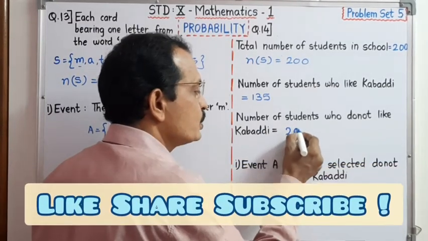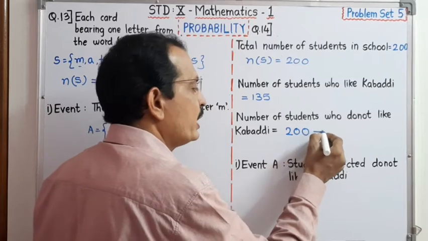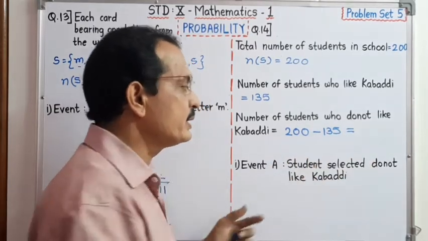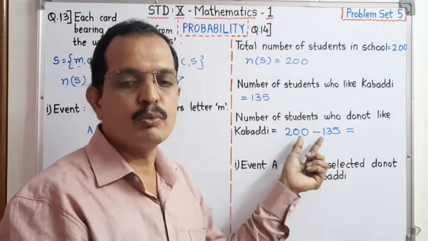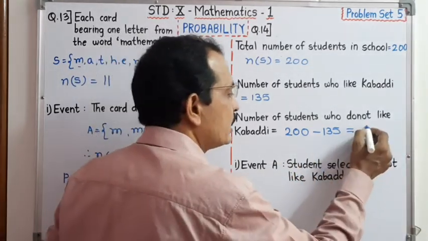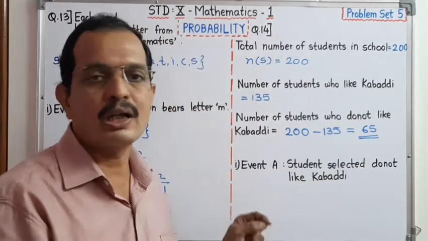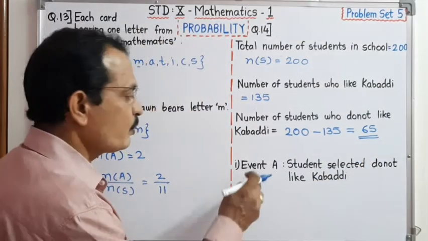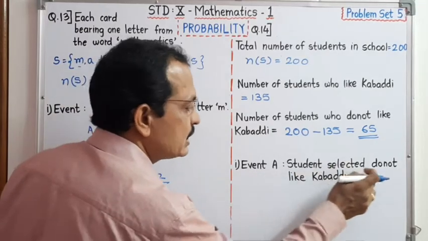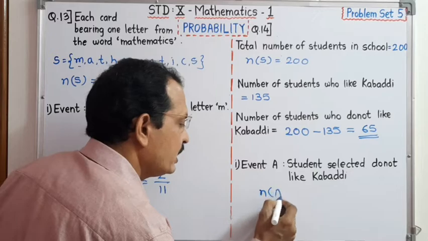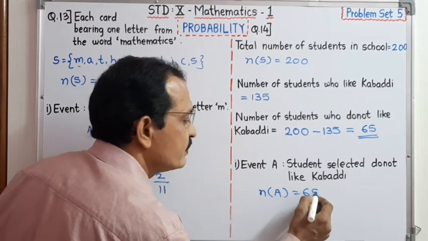Total number of students is 200. From that, 135 students like kabaddi. If we subtract 135 from the total, we will get the answer, that is 65. That means 65 students do not like kabaddi, and therefore for event A, n(A) will be 65.